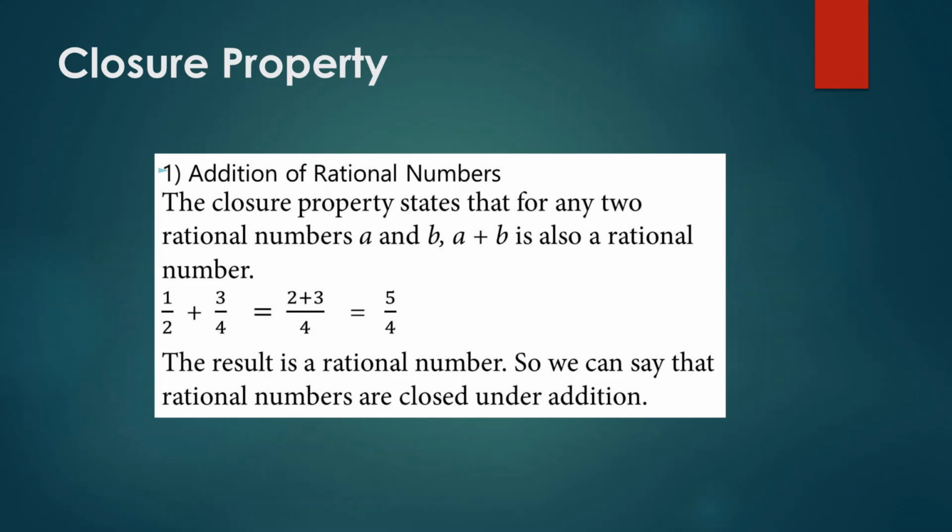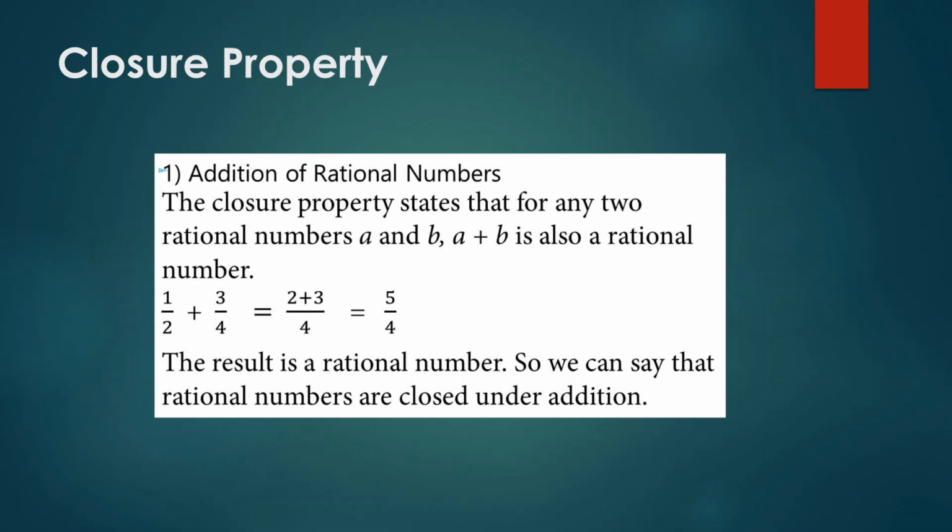If a upon b and c upon d are any two rational numbers, then a upon b plus c upon d is also a rational number. Let me take one example here. That is 1 upon 2 plus 3 upon 4, that is equal to 2 plus 3 upon 4. 4 is the LCM here.